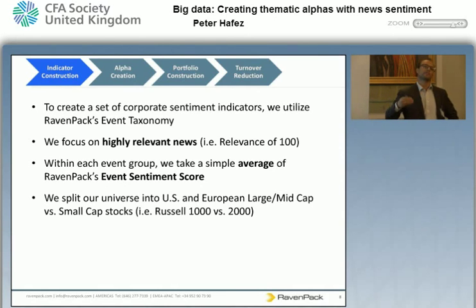So markets tend to be more efficient, not surprisingly, for large cap stocks. But you will also see that news gets incorporated faster into stock prices for US stocks than for European stocks. So US markets tend to be more efficient than European markets. And that's why we want to make that split.